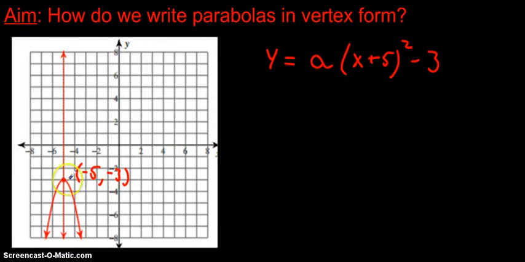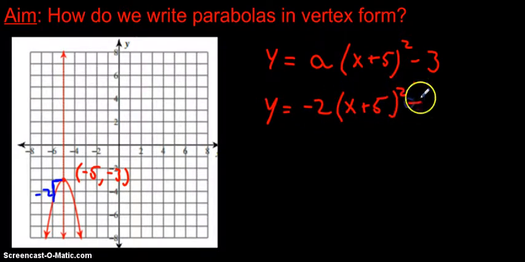Now the value of a you can identify by looking at the vertical change when there's been a shift of 1 from the vertex. So if we move over 1 from the vertex, we see that the parabola actually shifted down 2. That makes a negative 2. So this is y is equal to negative 2 times x plus 5 squared minus 3.